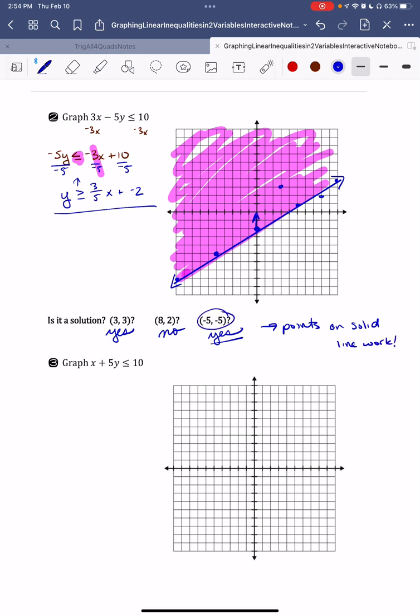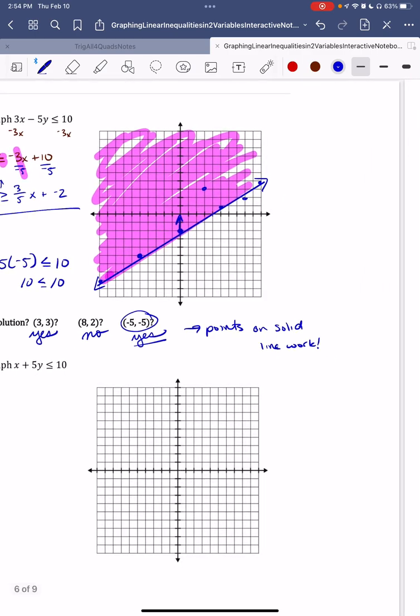Because watch what happens. If I plug this into my inequality, I'll have 3 times -5 minus 5 times -5 less than or equal to 10. I actually get 10 on the left. And it is true that 10 is less than or equal to 10. In fact, it's equal to 10. So that's why it works.